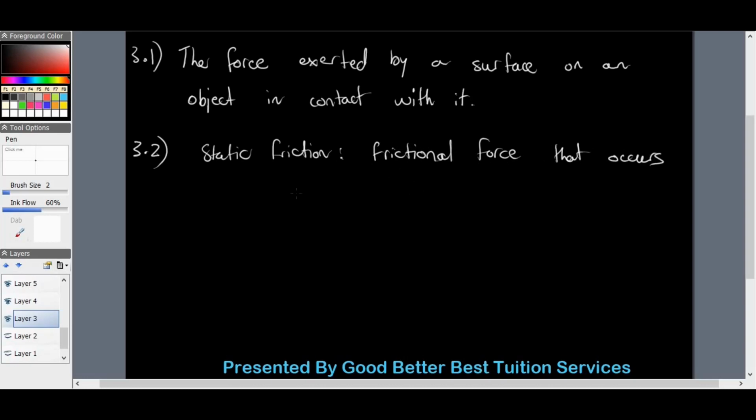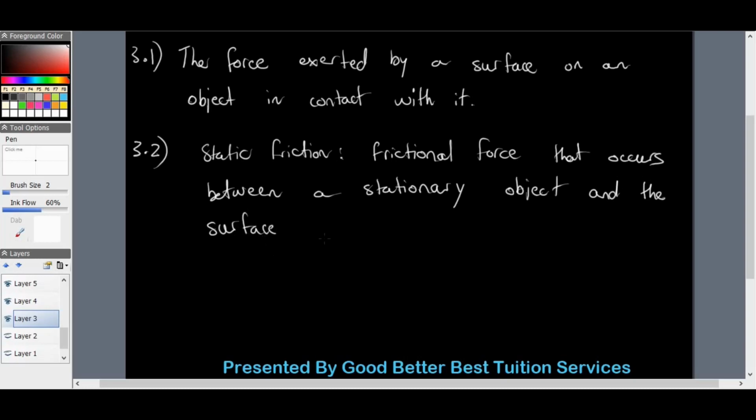that occurs, let's write it over here, between a stationary, with the ARY, not ERY, not the pens and pencils that we write with, but occurs between a stationary object and, I was going to say the ground, but let's rather say the surface, because not everything is on the ground, the surface on which it is stationed, to keep some assonance going.